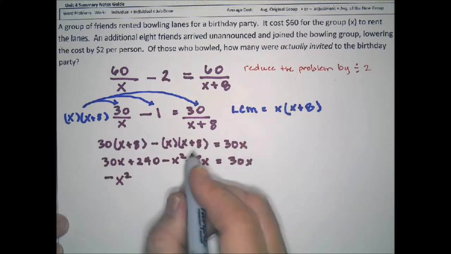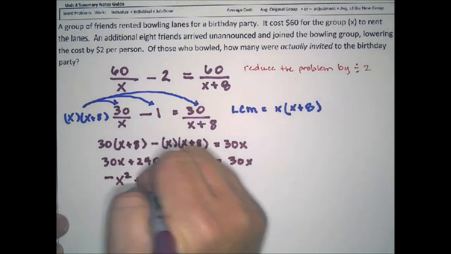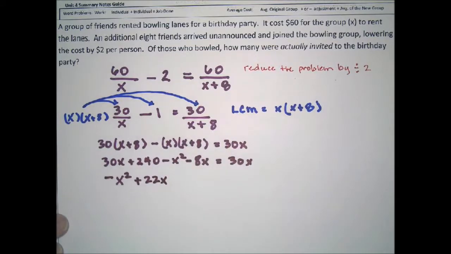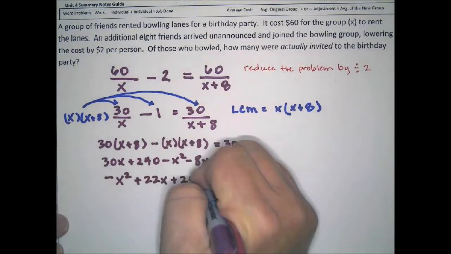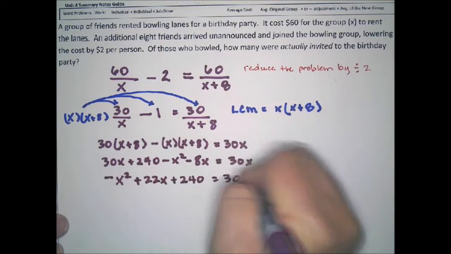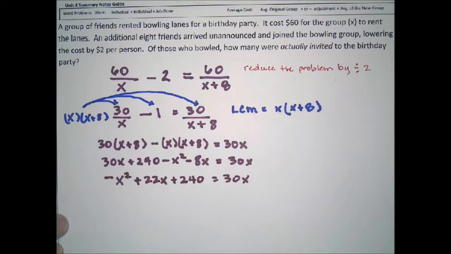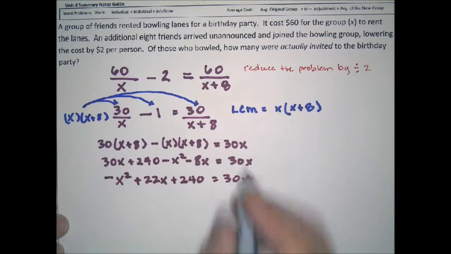So that's going to be plus 22x plus 240 equals 30x. Now I still have a quadratic, so I need to bring those 30x's over to the other side. I need to make this equal 0.